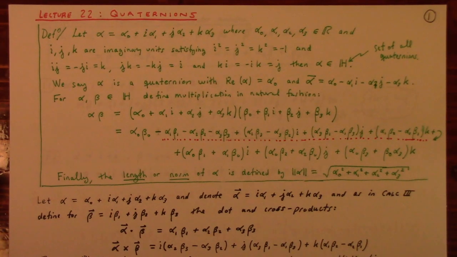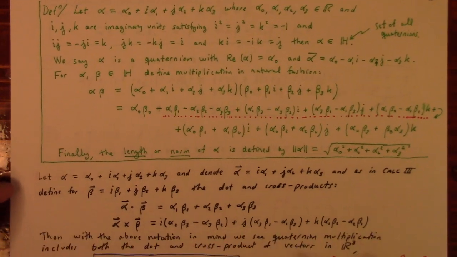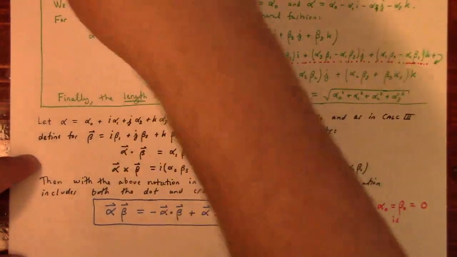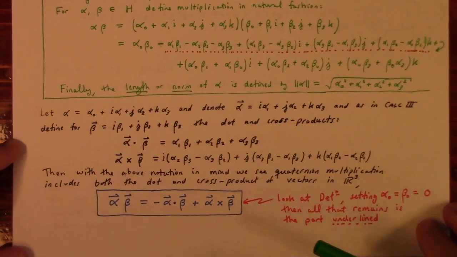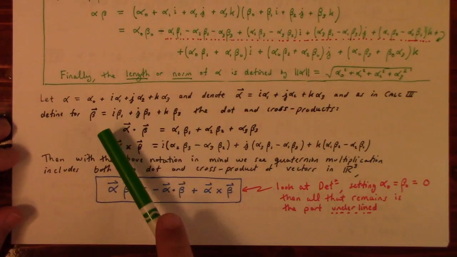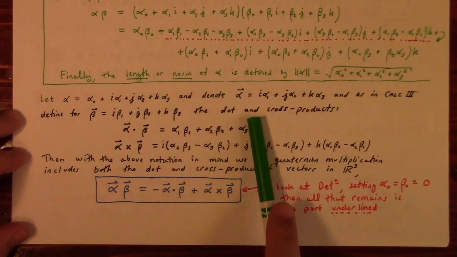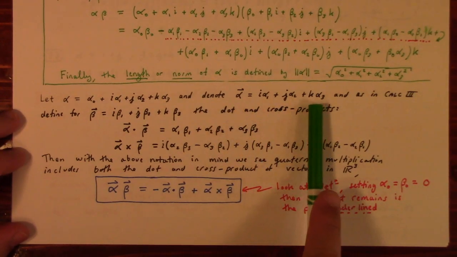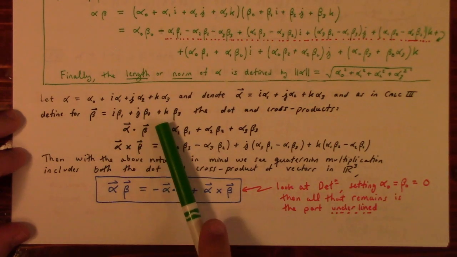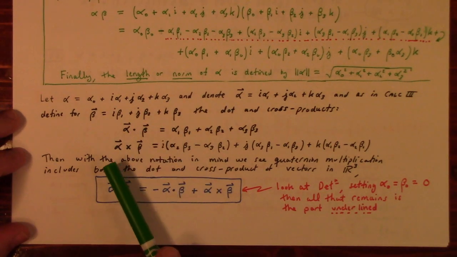I'm going to use a new notation here. If I have alpha as this, I define alpha vector to be the part with the imaginary units, and beta vector would be the part of beta with the imaginary units.